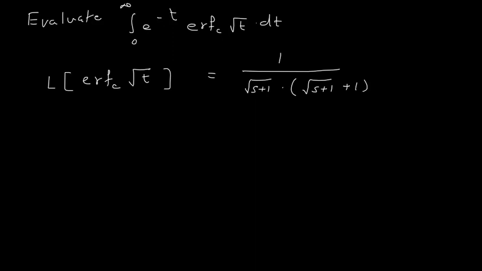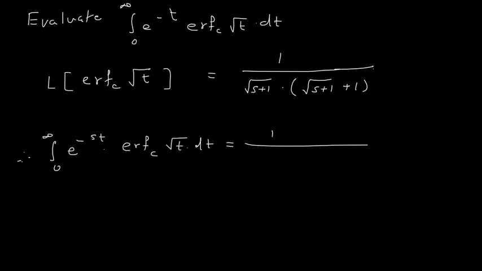This is the formula. So therefore we will say that 0 to infinity e raised to minus st into error function complement of root t dt will become 1 upon, now in place of s, let us write s plus 1 root of s plus 1 plus 1.